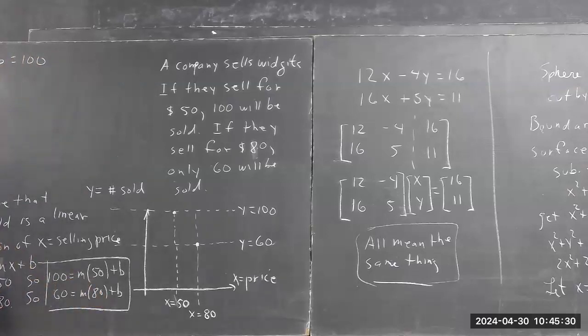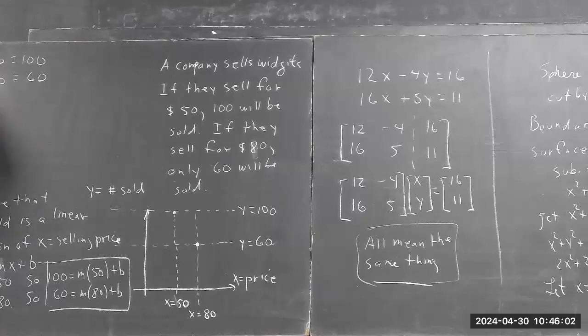And here I can write 80m plus b equals 60. Now we should see this is the same equation. I just got the 160 on the other side. And instead of m times 50, I wrote 50m. Can you solve that system of equations?